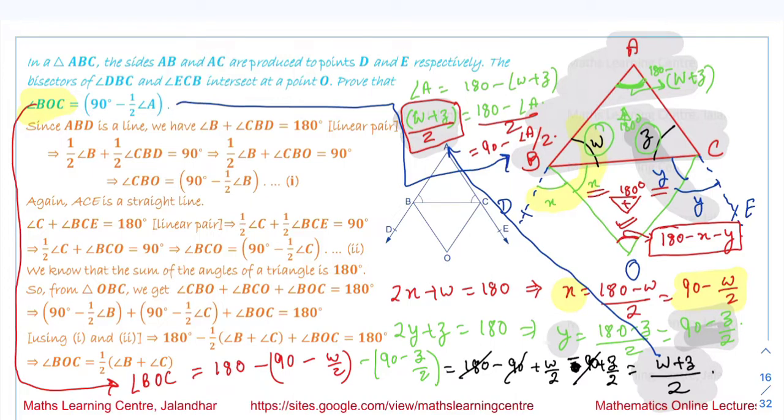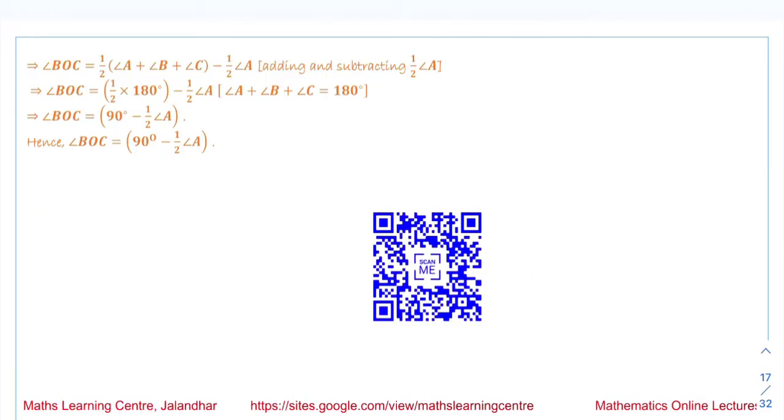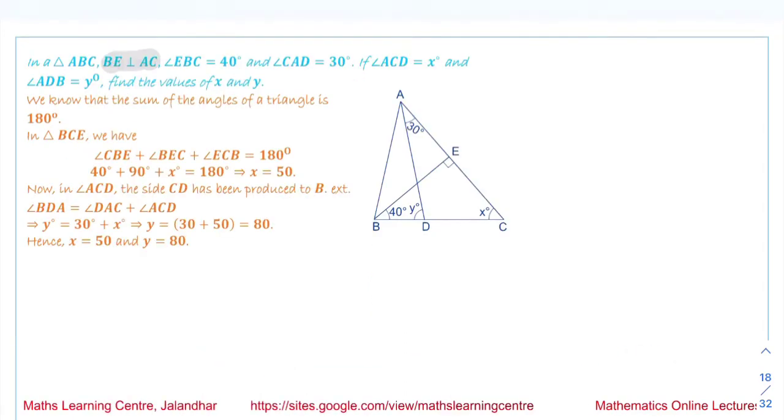Now in this next question, it is given that BE is perpendicular to AC. The value of these two angles is given, and we have to find the value of x and y from this figure. So we consider this triangle first, the triangle BEC.